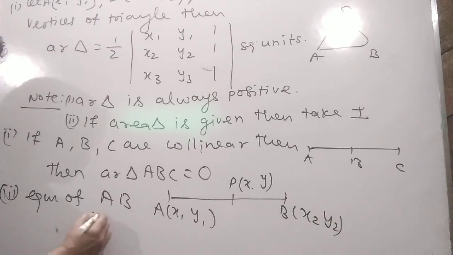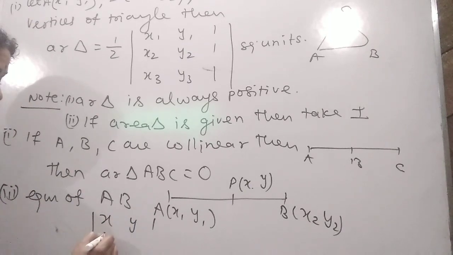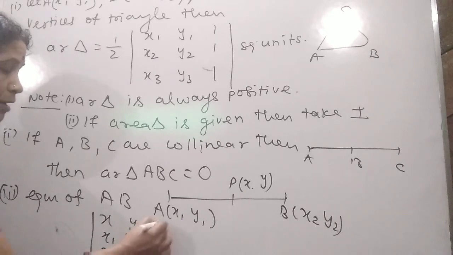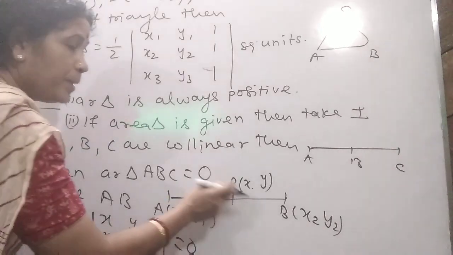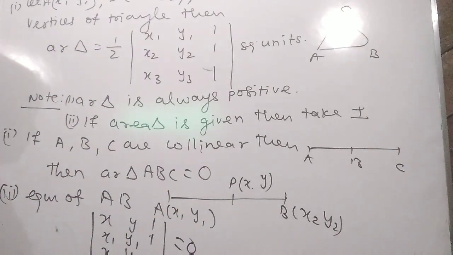So we get the determinant with the arbitrary point x, y, 1, another vertex x1, y1, 1, and then x2, y2, 1 equal to 0, because A, P, B are collinear. Are you clear? So this we are going to see today in the exercise.